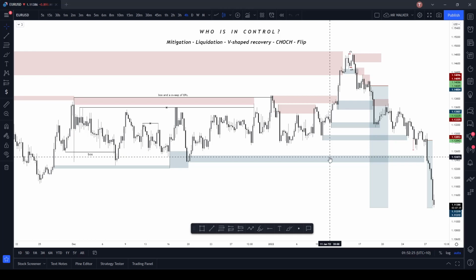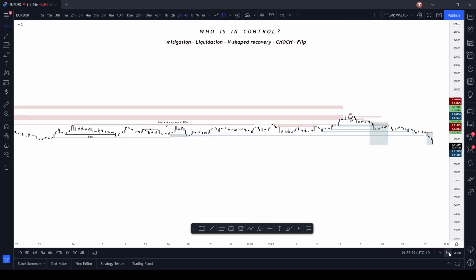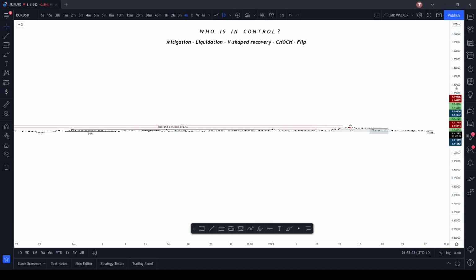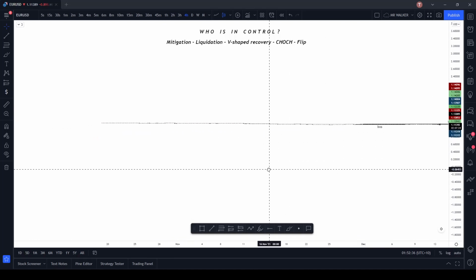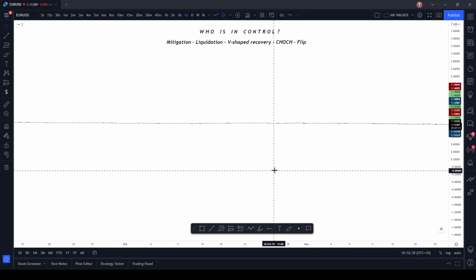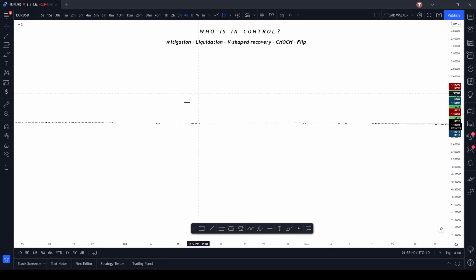So the normal way of doing backtesting is making the chart look like this. And then let's say, I don't know, let's go here.